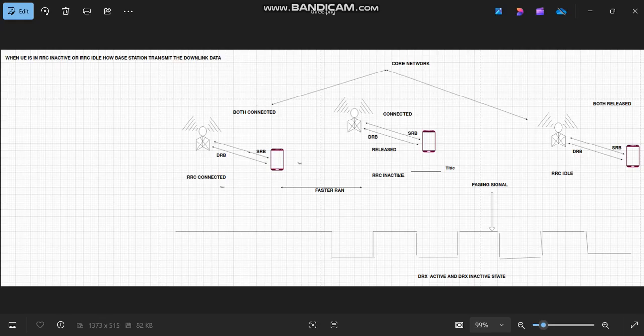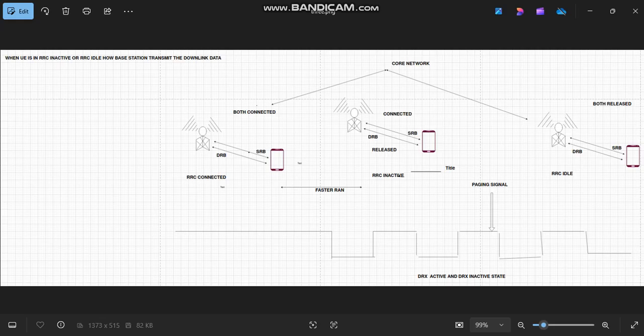So that is the main concept here. So here, DRX active and DRX inactive state means the UE is in the state of receiving that paging signal from the base station, even when the UE is at RRC inactive or RRC idle state. This is a very important concept, DRX active and DRX inactive state.